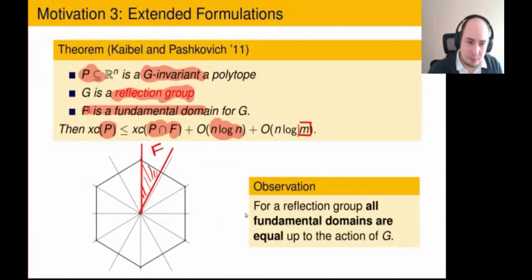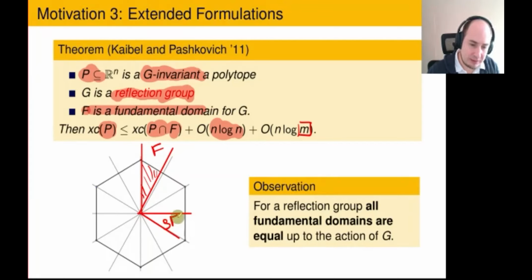Okay. One very important observation is that for reflection groups, the fundamental domains tend to be very simple in the sense that they're unique. There are not many ways of defining a fundamental domain. It's essentially unique up to applying elements of the group to F. So here, for example, F is not unique because obviously you have another fundamental domain here, right?